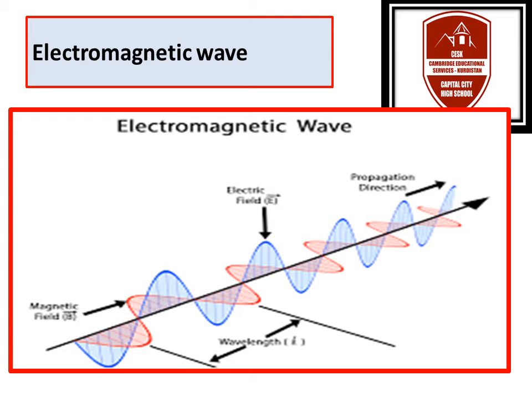The blue color is the electric field, but here the red color is the magnetic field. The magnetic field is perpendicular to the electric field.